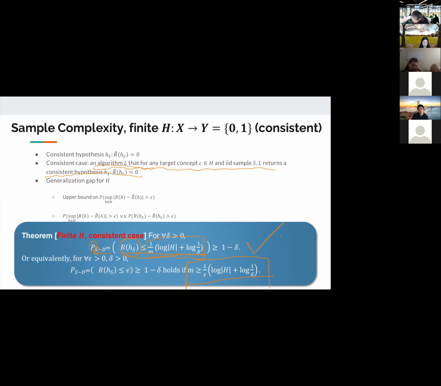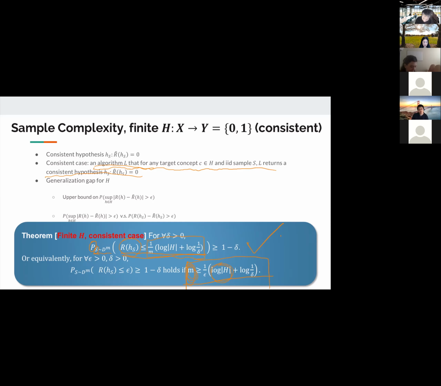This is almost like telling you that if your hypothesis set is very small, this logarithm of cardinality of H is small, as long as you can find an algorithm that is consistent on all your hypotheses, then on all your target concepts, then the sample complexity is going to be very related. So as long as the log H is small, the sample complexity will be small.